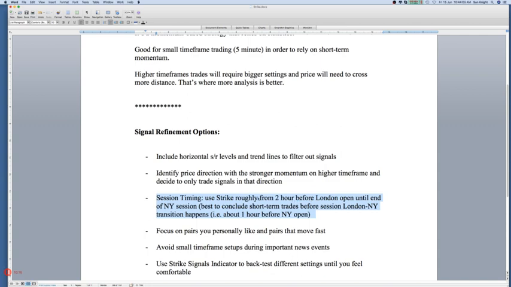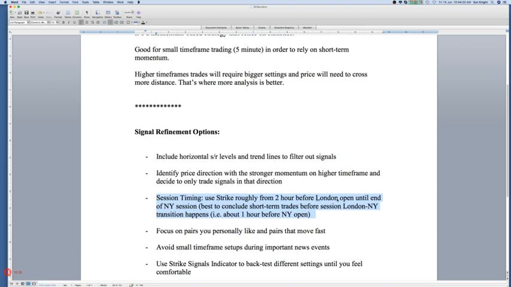Now, I said roughly 2 hours before London open because, like I said, volatility picks up already then, and you often get moves right at the exact start of the sessions. There are important transitions.